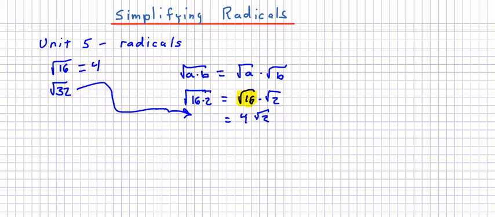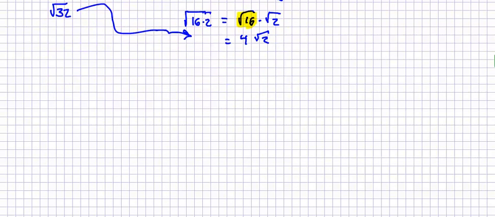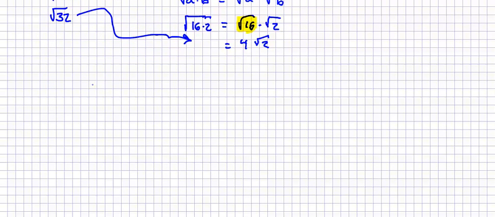All we're going to be doing is taking the number inside our radical and looking for the largest perfect square. So, for instance, the square root of 27. What is the largest perfect square that is a factor of 27?